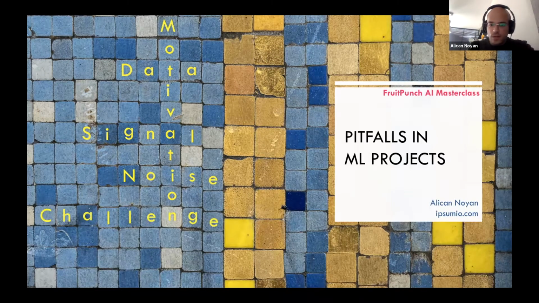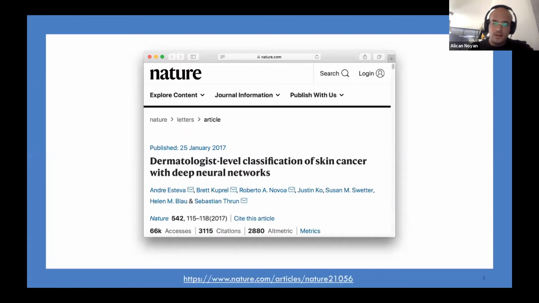So let's start with this paper. This is possibly the most famous paper combining dermatology and AI. What they did was to, using neural networks, classify images of lesions to say if there is a cancer or not, and possibly the types of cancer. And they claim that they achieve dermatologist level classification.